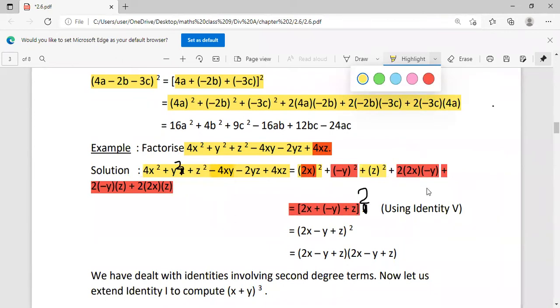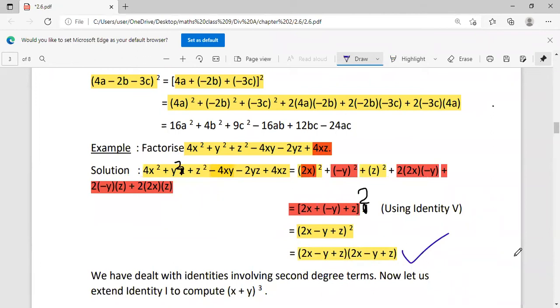Clear? Yes, sir. So we can write it as 2x minus y plus z whole square. So we have factorized our given question. All of you understand? Yes, sir. Okay, fine.